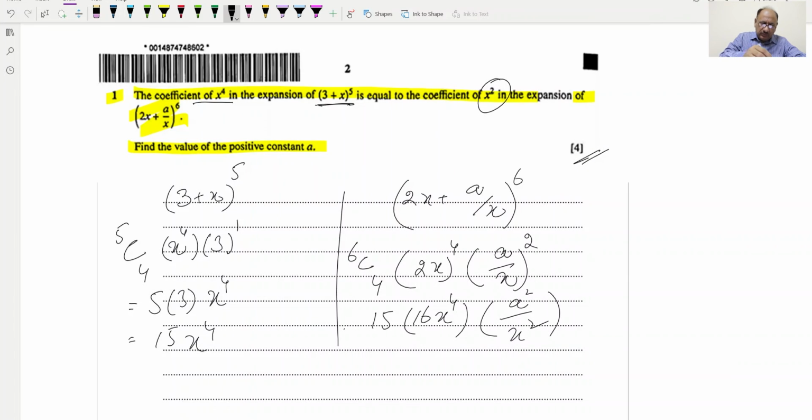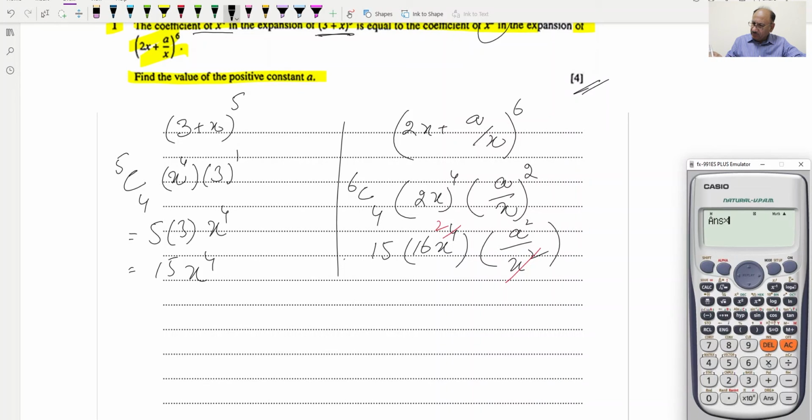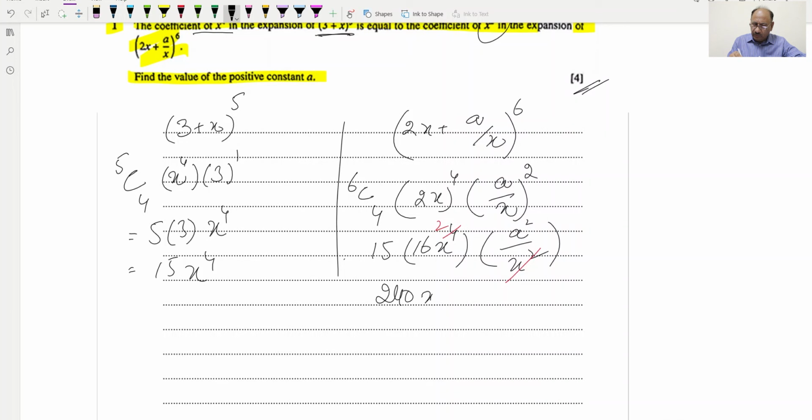The x^2 will cancel with this and we'll get x^2 over here. Then we can rewrite it as 15 multiplied by 16, which is 240, so 240a^2x^2. Now the coefficients of these two are equal. The coefficient of x^2 is 240a^2, and we can write 240a^2 is equal to 15.